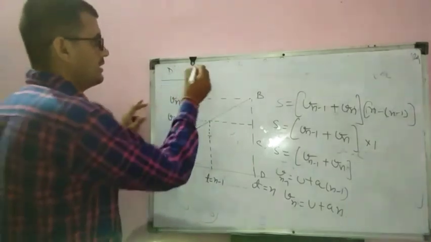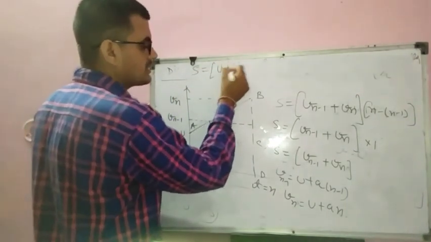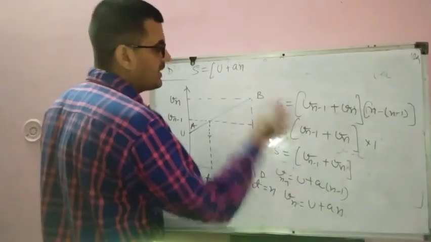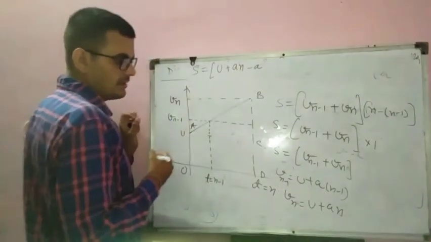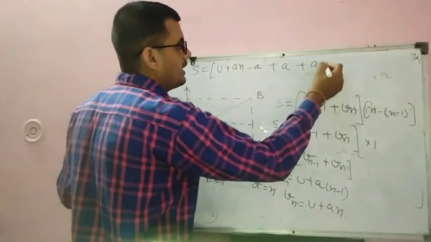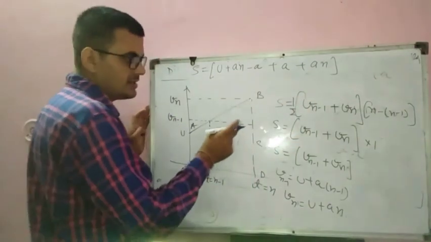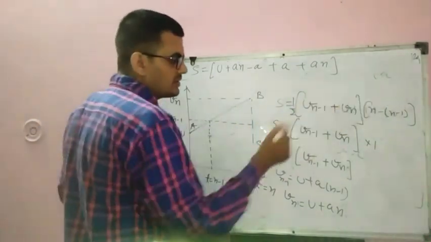Put these in: s equals u plus a, multiplied by minus a, plus u plus an. Apply 1 by 2 also, as the area of a trapezium is 1 by 2 into this.